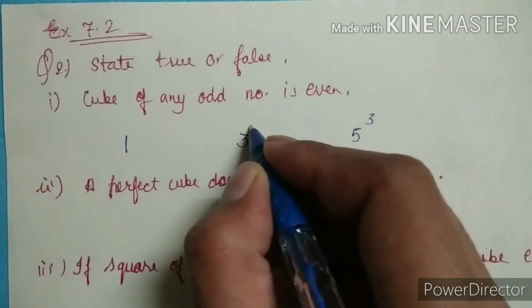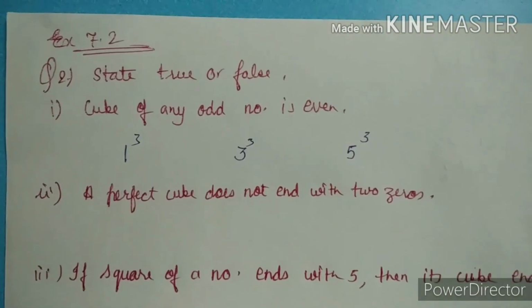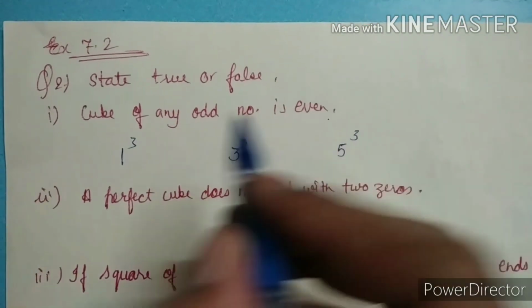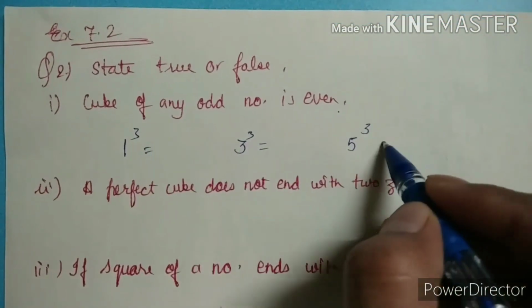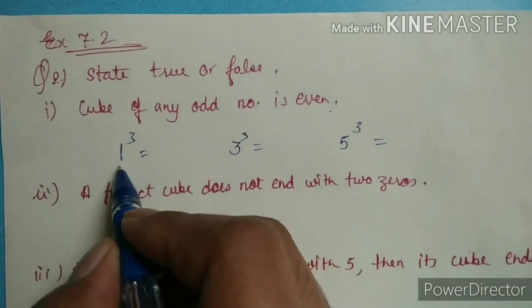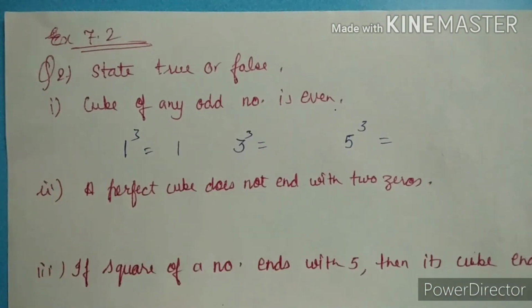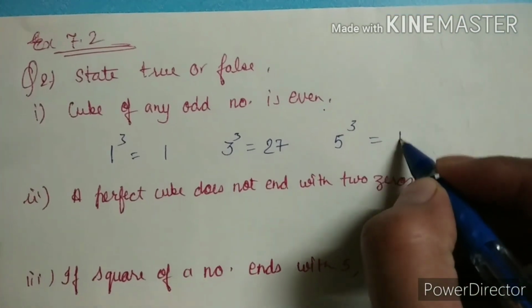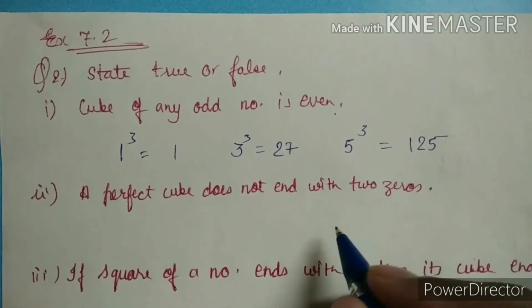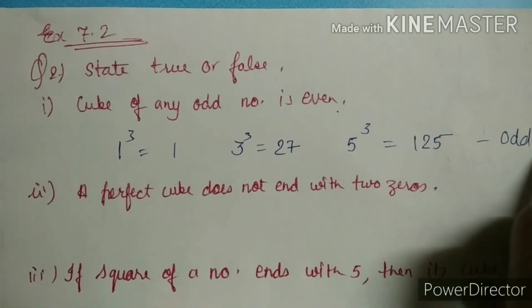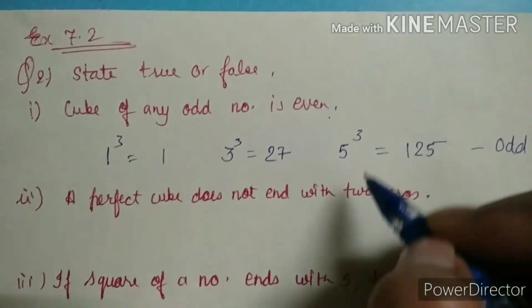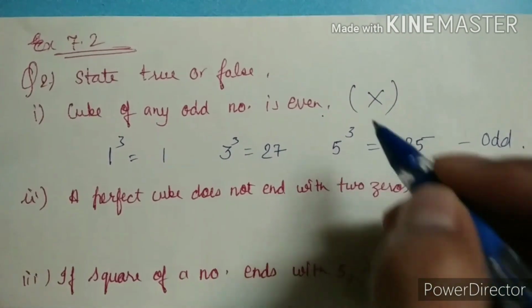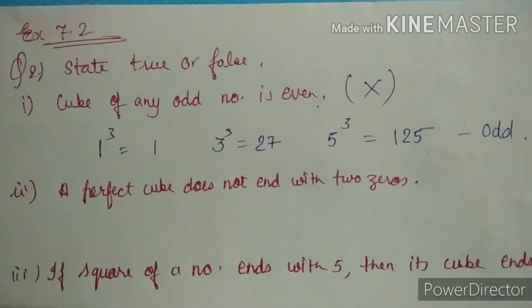It means their cube should be even. Let's see. 1 cube is 1, 3 cube is 27, 5 cube is 125. They all are odd, but the sentence is telling they are even. It means the given sentence is false.